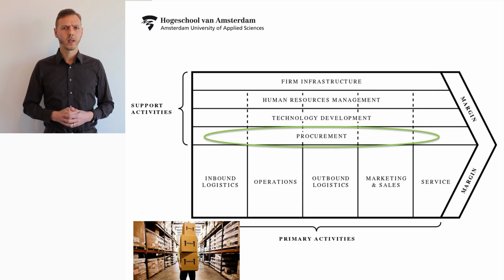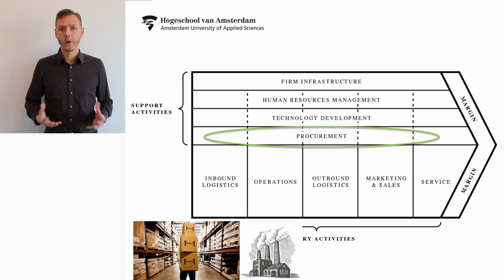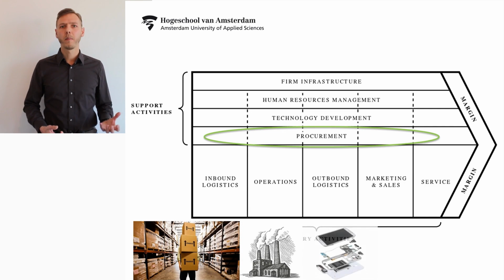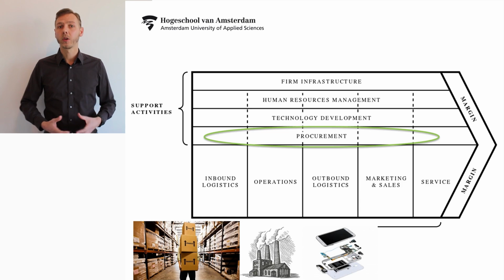Don't make it more complicated than it is. It's just everything that is being bought for the firm. That can be the raw materials that you need, but it could also be inventory or the building that you are in. Everything that's being bought for the firm to produce whatever you make or whatever you sell or whatever you invent is being handled by procurement.